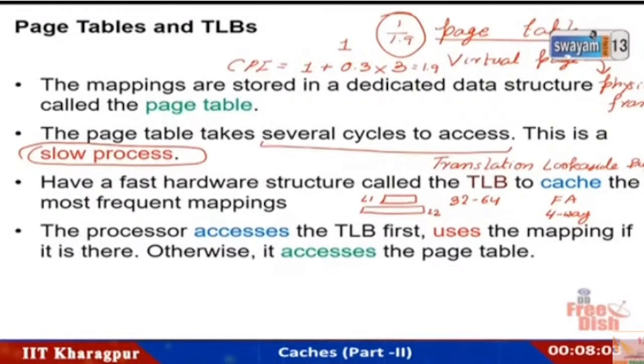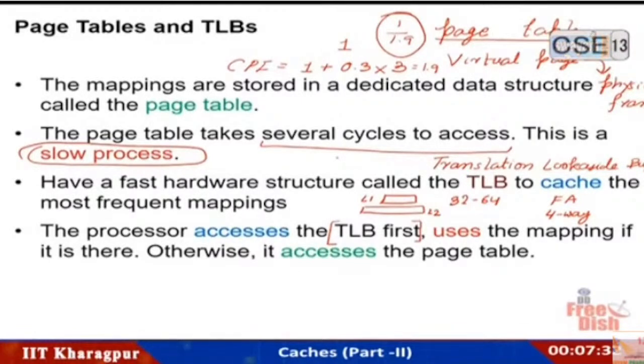Sometimes, to further optimize, we have a separate instruction TLB called an ITLB and a separate data TLB called a DTLB. Regardless of the configuration, the processor accesses the TLB first, and the TLB access is typically very fast. It is typically a fraction of a cycle or maybe 1 cycle at the most. It uses the mapping in the TLB to translate the virtual to the physical address.